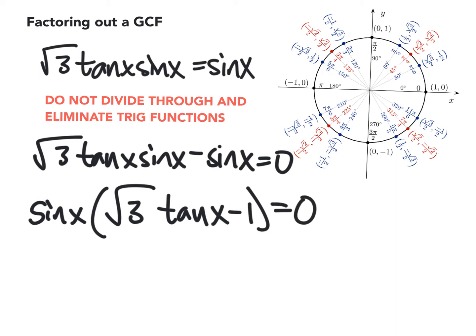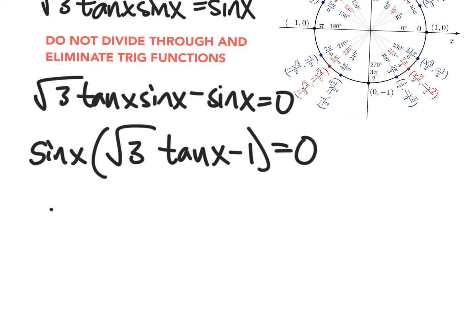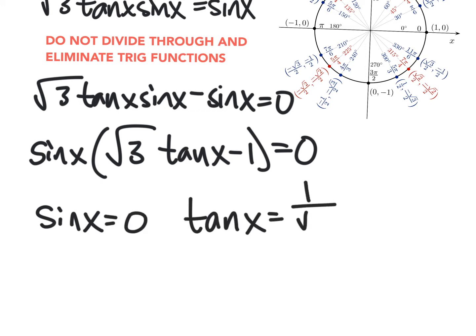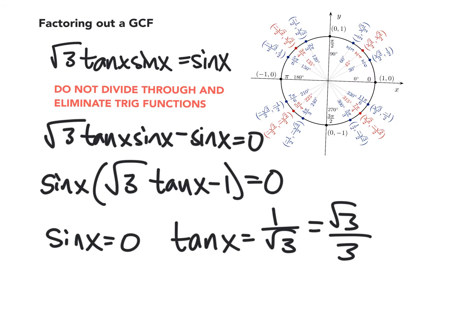Just like any factoring problem, now I can just set each of my factors equal to 0 and solve. That gives me sine x is equal to 0, and tangent of x is equal to 1 over the square root of 3, or root 3 over 3. The sine of x is equal to 0 at 0 radians or pi radians.